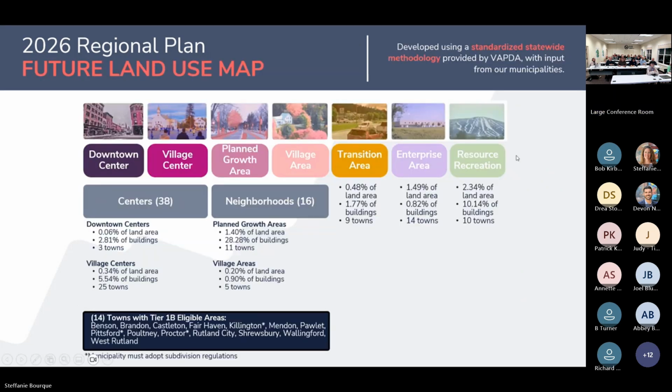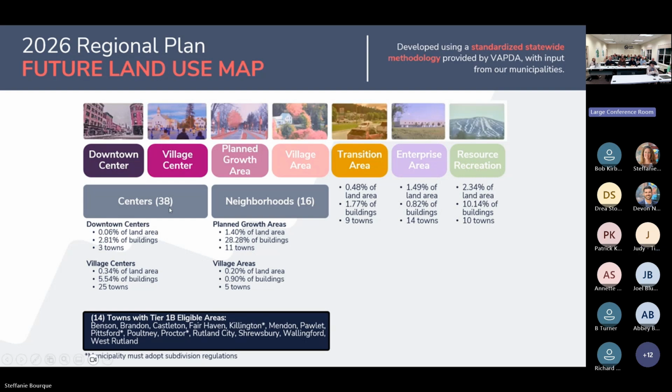So we'll look at the land use categories in relation to the future land use map for the region. We'll start with those 7 categories that are designated for higher density growth.